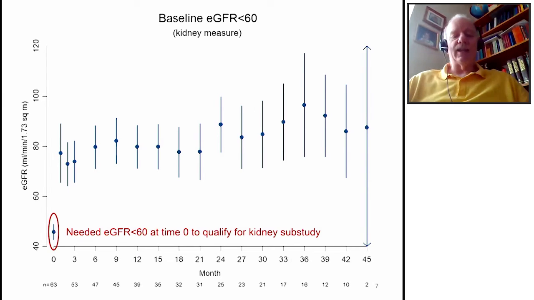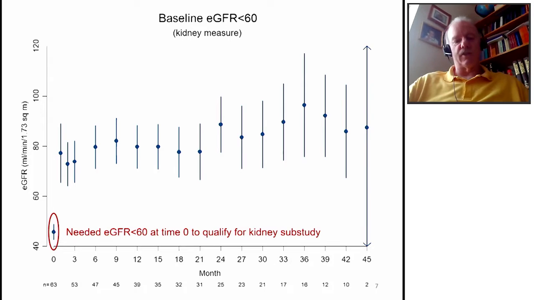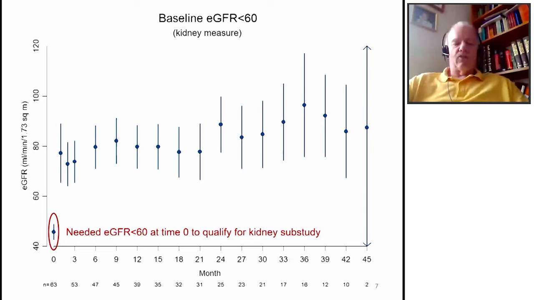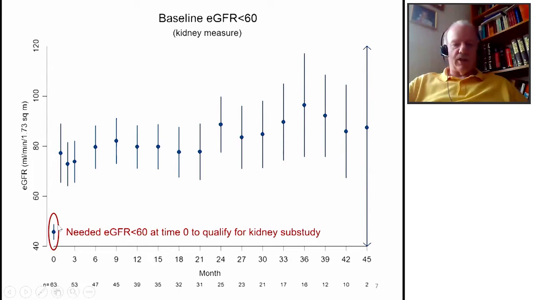To get into this kidney sub-study of the trial, you had to have estimated glomerular filtration rate less than 60. That's a kidney measure, and low values are bad. So they identified a group of people with eGFR less than 60. And then here are the eGFRs over time in that study.